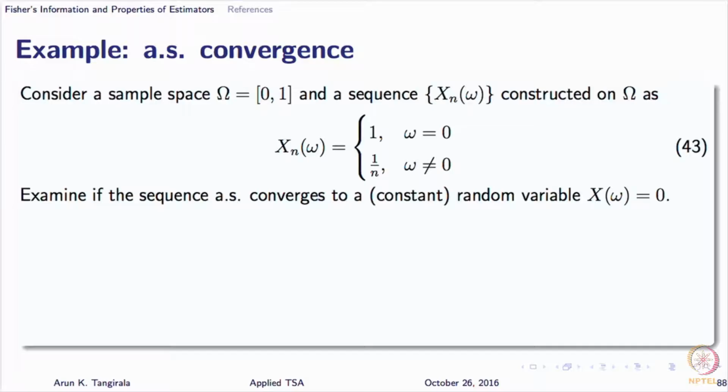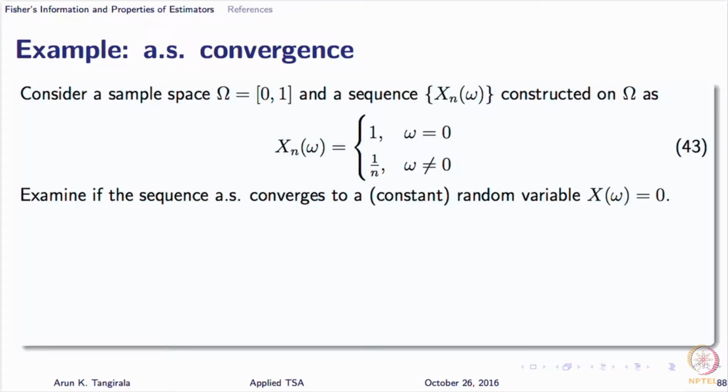This is a closed set with 0 and 1 included, and let us assume that a sequence is constructed as I have given in equation 43, where the sequence assumes a value of 1 if the trigger takes a value of 0. If the trigger takes on any other value, the sequence will take on a value of 1 over n.